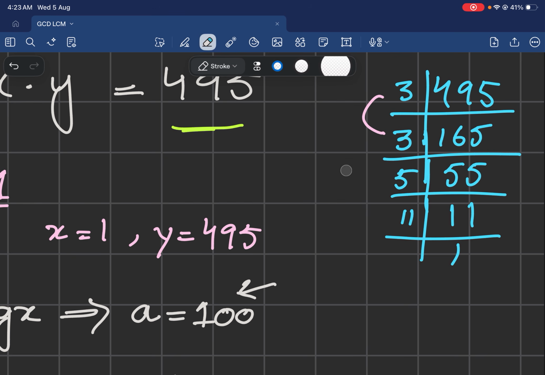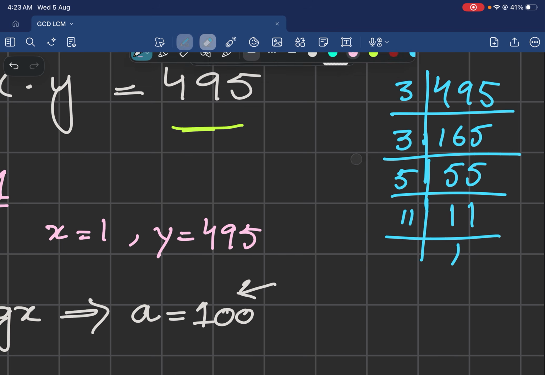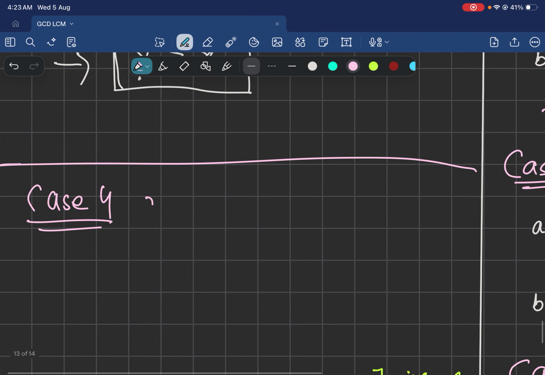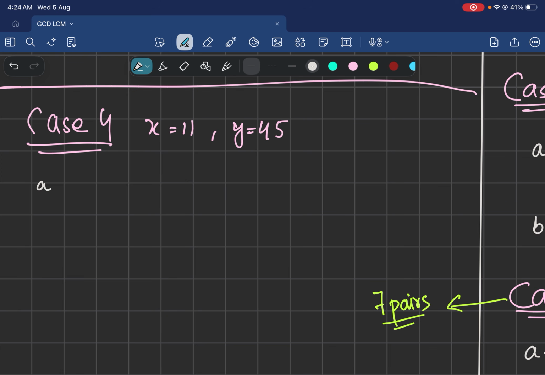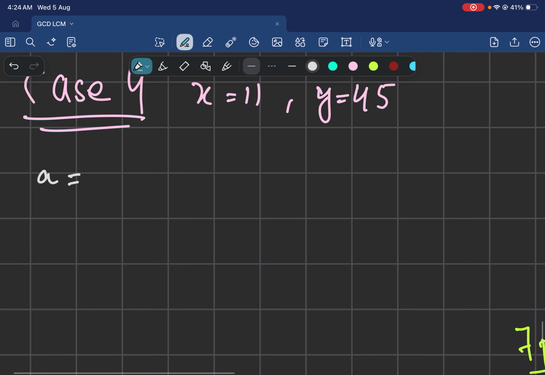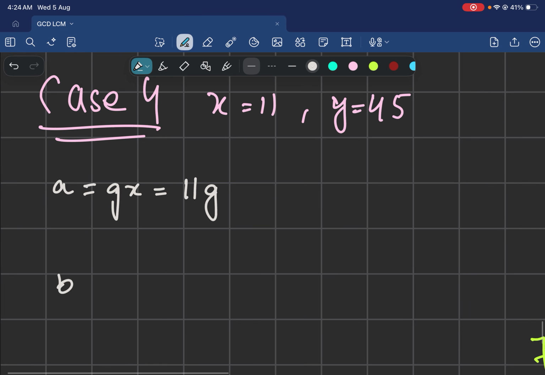So in case 4 we can make this, and 9 5s are 45. 11 and 45 are co-prime and also add up to 56. So x is equal to 11 and y is equal to 45. The value of a would be g times x, and x is 11, so 11g.